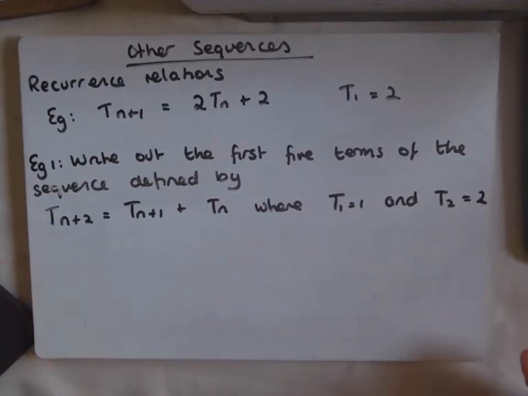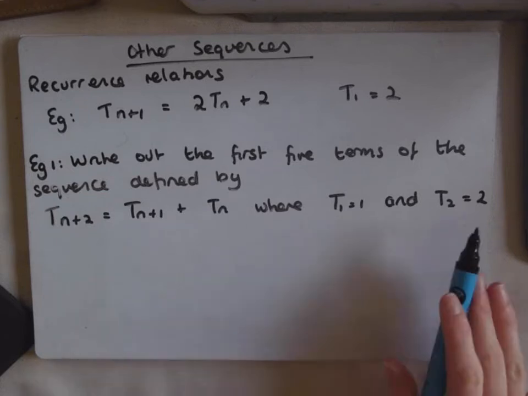Okay, so write out the first 5 terms of the sequence defined by t of n plus 2 is t of n plus 1 plus tn. And they're telling me t1 is 1 and t2 is 2. Now, I have t1 and t2.